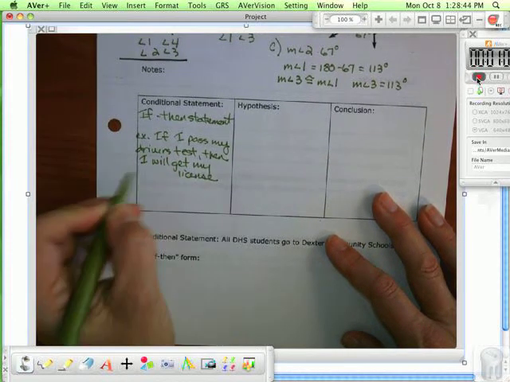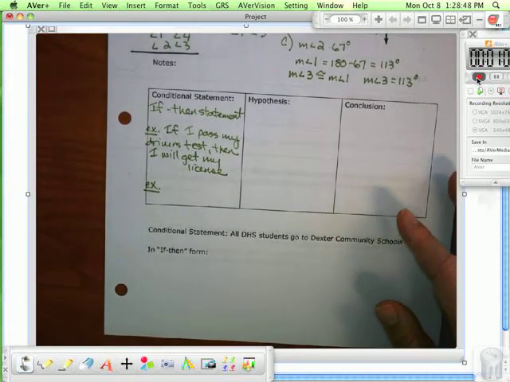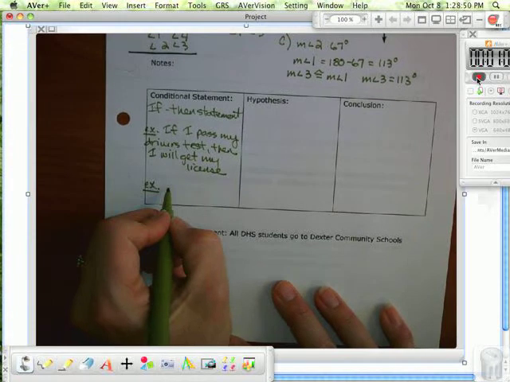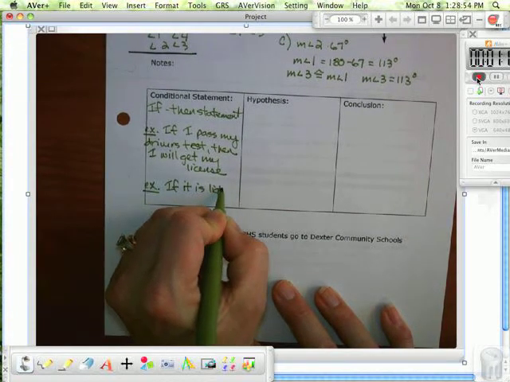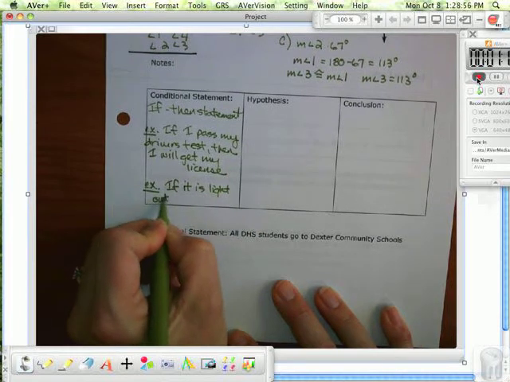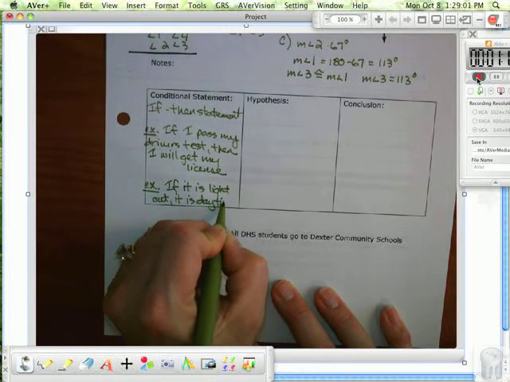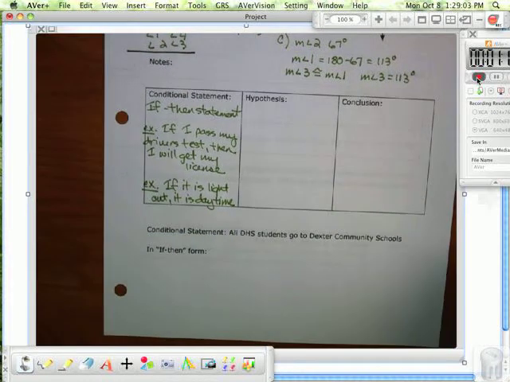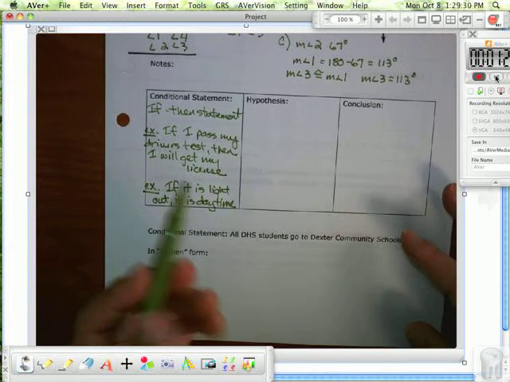Another example: if it is light out, it is daytime. It's been very bright out at night before. Okay, so these are both if-then statements, conditional statements.